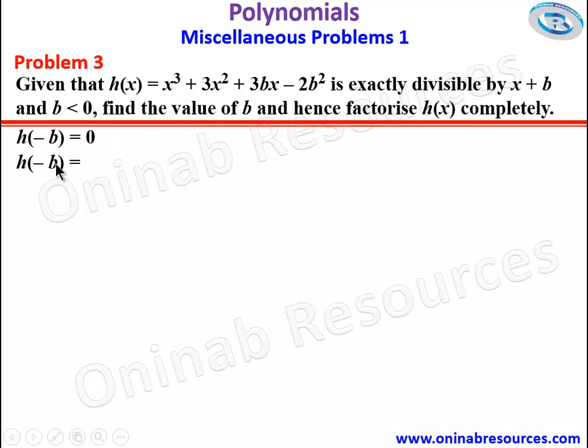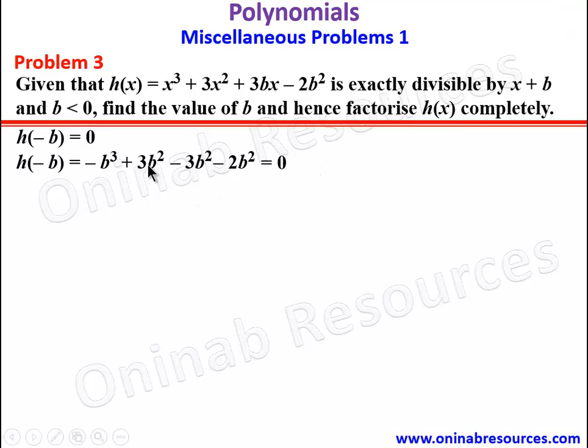So to get h of negative b, wherever we see x, we put negative b. Negative b cubed will give us negative b cubed, and negative b squared gives b squared, so we have plus 3b squared, and here this is going to be 3 times b times negative b, that will give us negative 3b squared, and then minus 2b squared, and this is equal to 0.